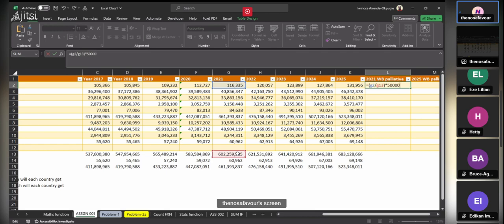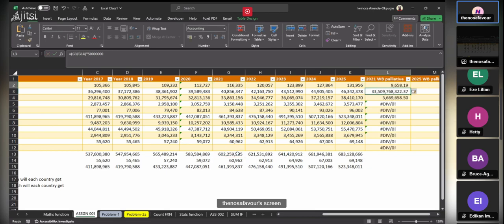Alright, so if I hit enter, this person is supposed to receive how much? $9,658 only, based on his population.